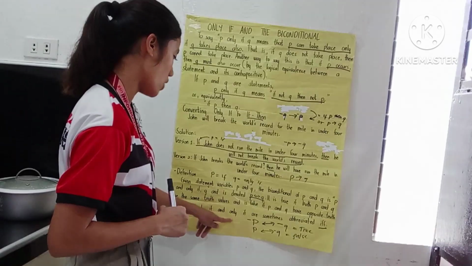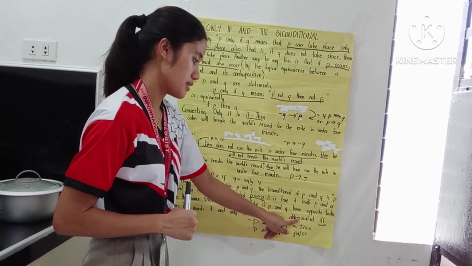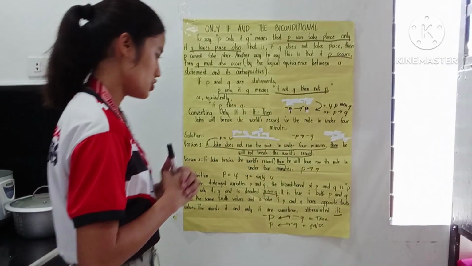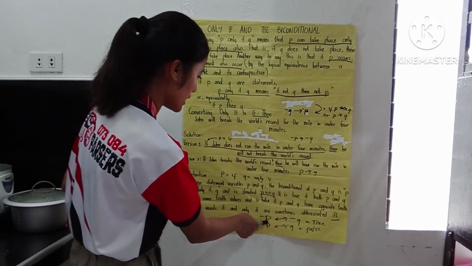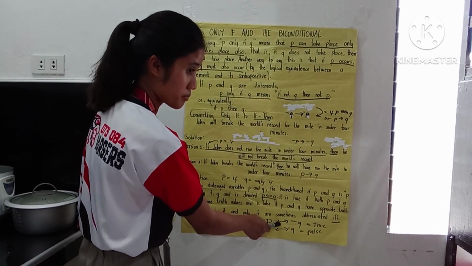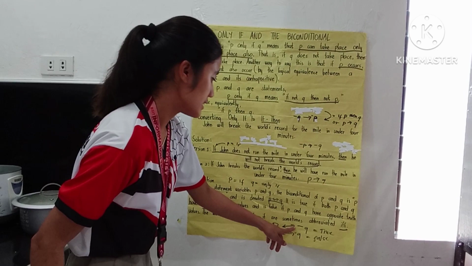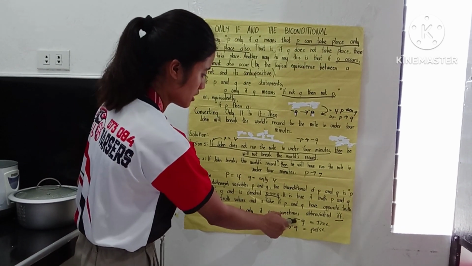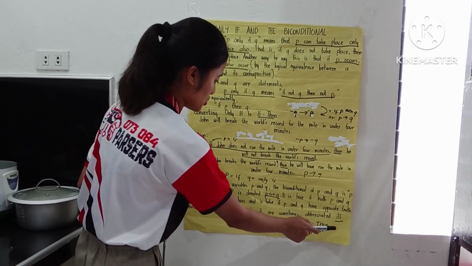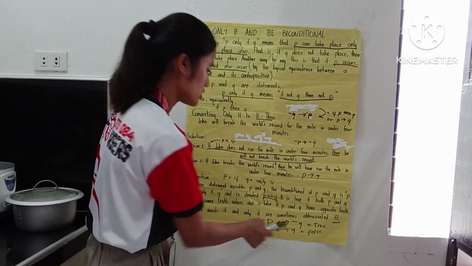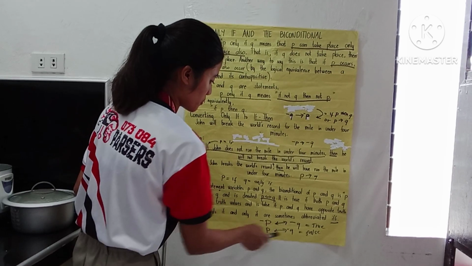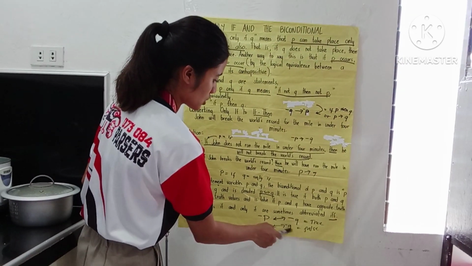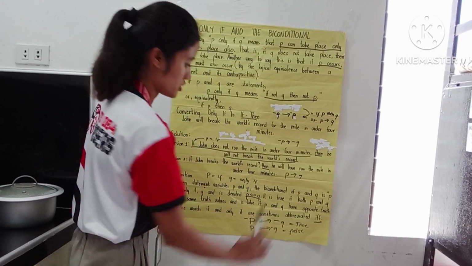The words if and only if are sometimes abbreviated to iff. So in short, not P, and this is the symbol for biconditional, and not Q is true. Why? Because they have the same truth values. If they have opposite values, it is false. So P if and only if not Q is opposite, so it is false.